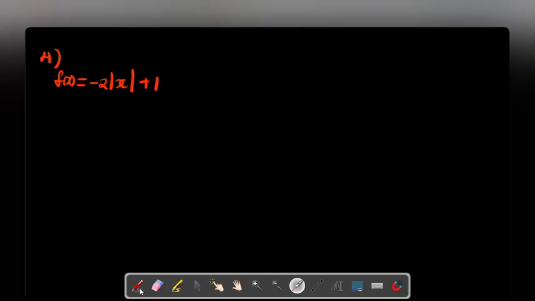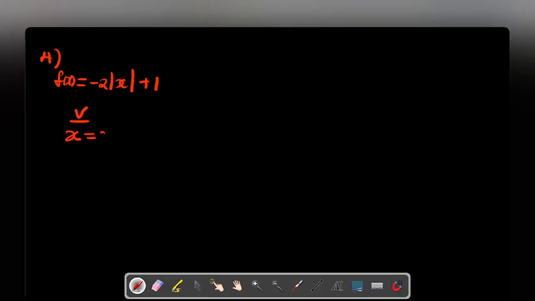Since we know that it opens downward, let's now get the values, the vertex. To get the vertex, you get whatever you have inside the modulus, so you ignore the -2 there. You just get what you have inside the modulus, which is x.